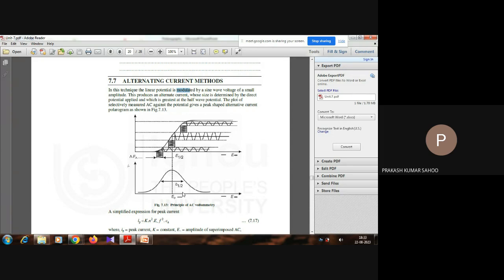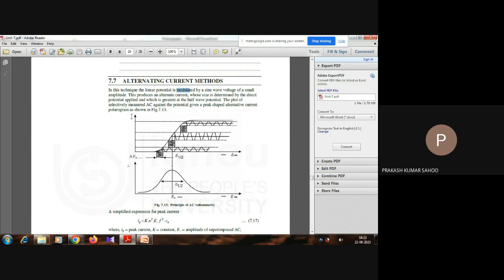Experimentally it is seen that the current rises with potential, but at the halfway potential, the current is maximum.